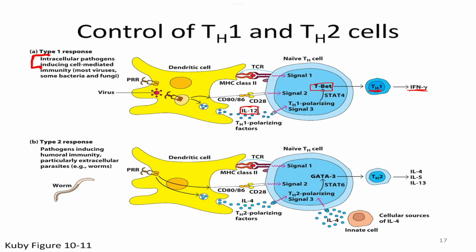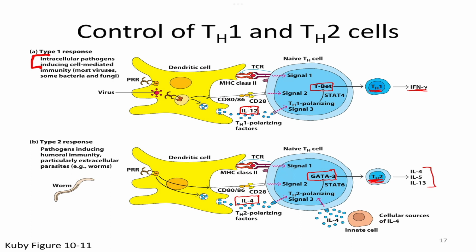Alternatively, if our antigen presenting cell has some PRR get triggered that induces it to make IL-4, that will make our naive T cell turn on GATA3, the transcription factor, and that will push the cell to differentiate into a Th2 cell and make cytokines like IL-4, 5, and 13.